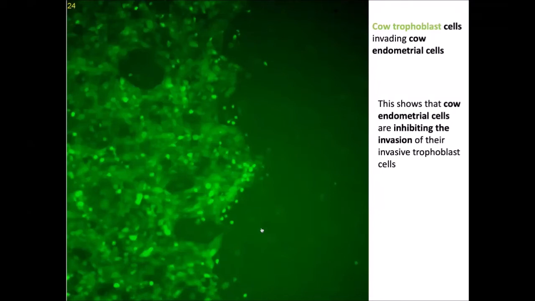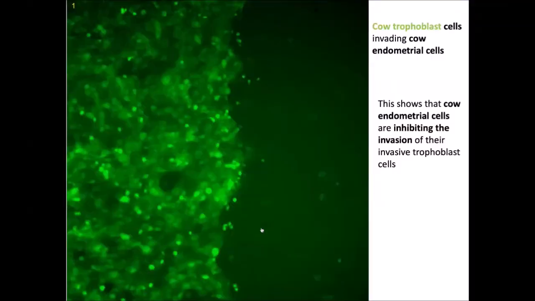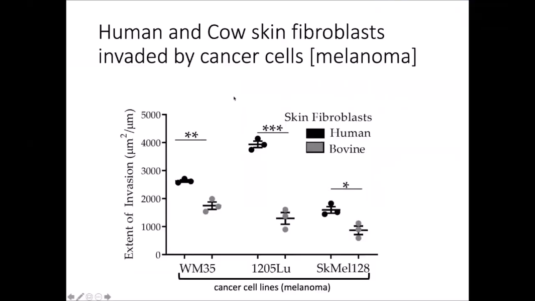And the same pattern is also found if we use, instead of endometrial fibroblasts, skin fibroblasts, and we have different cancer lines trying to invade. So skin fibroblasts, dark human skin fibroblasts, and gray cow fibroblasts, and you see that in all instances the human skin fibroblasts get more invaded by the cancer cell line than the bovine skin fibroblasts.